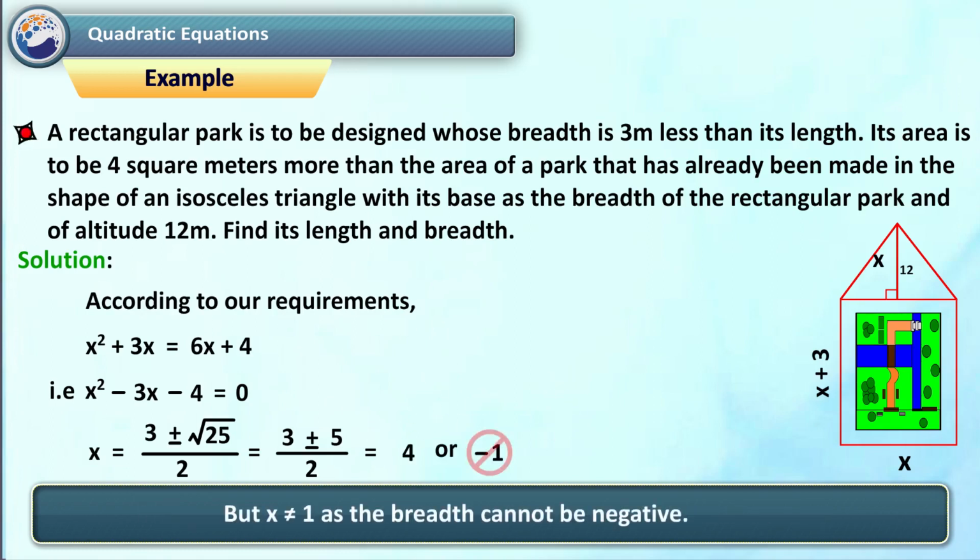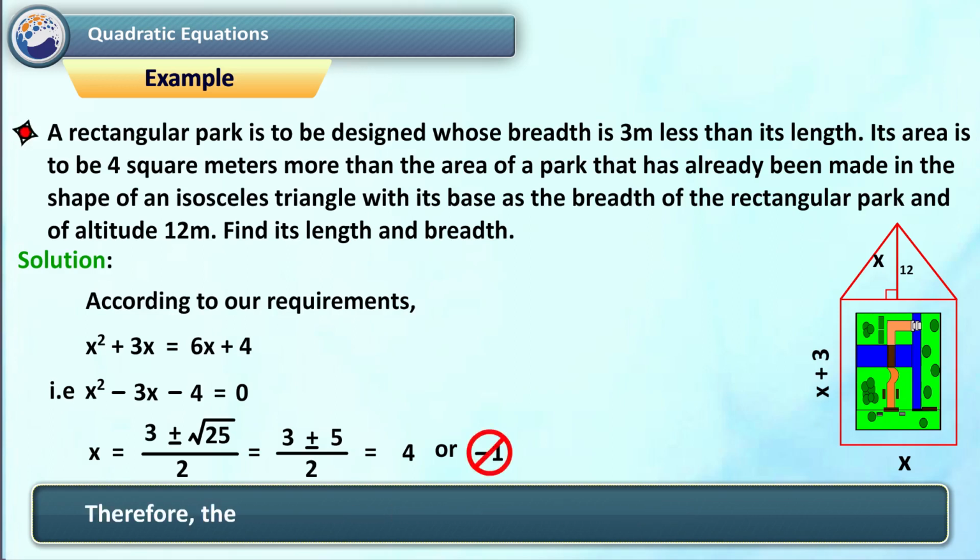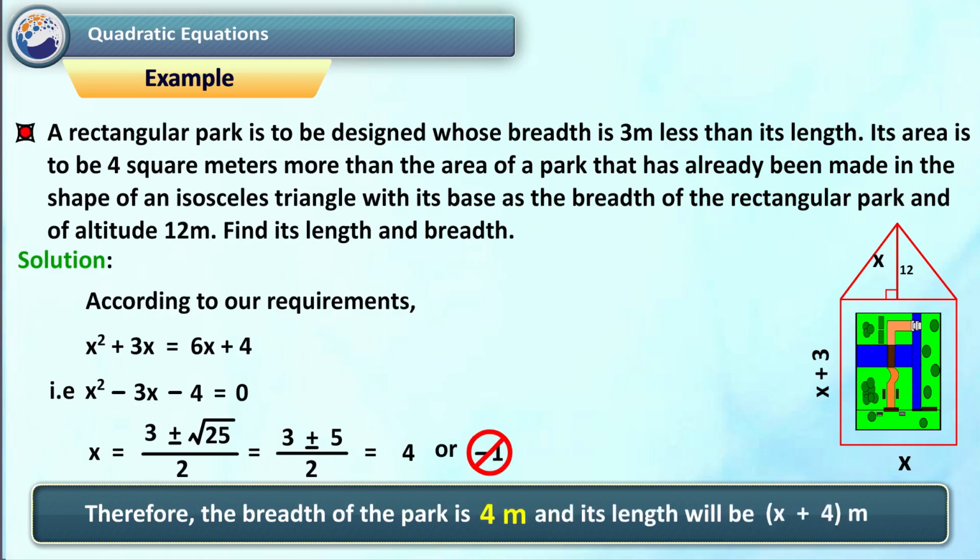But x is not equal to minus 1 as the breadth cannot be negative. Therefore, the breadth of the park is equal to 4 meter and its length will be 7 meter.